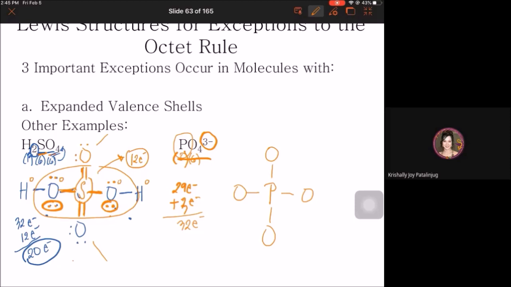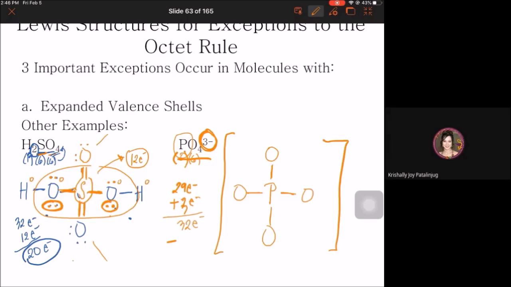When there is a charge, when a polyatomic ion is given, please give importance to the charges because they matter for the total valence electrons. So from 32, you subtract the four single bonds already presented: 2, 4, 6, 8.